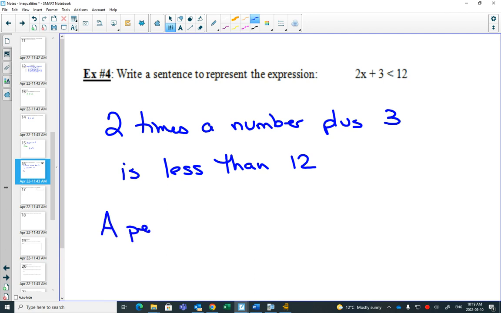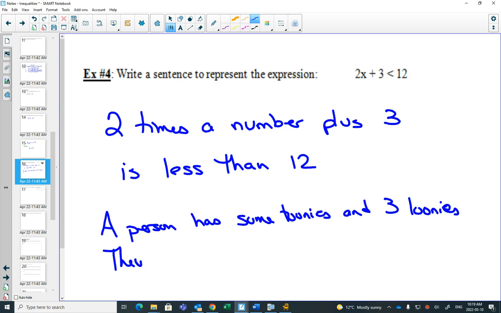So a person has some toonies and 3 loonies. They have less than $12.